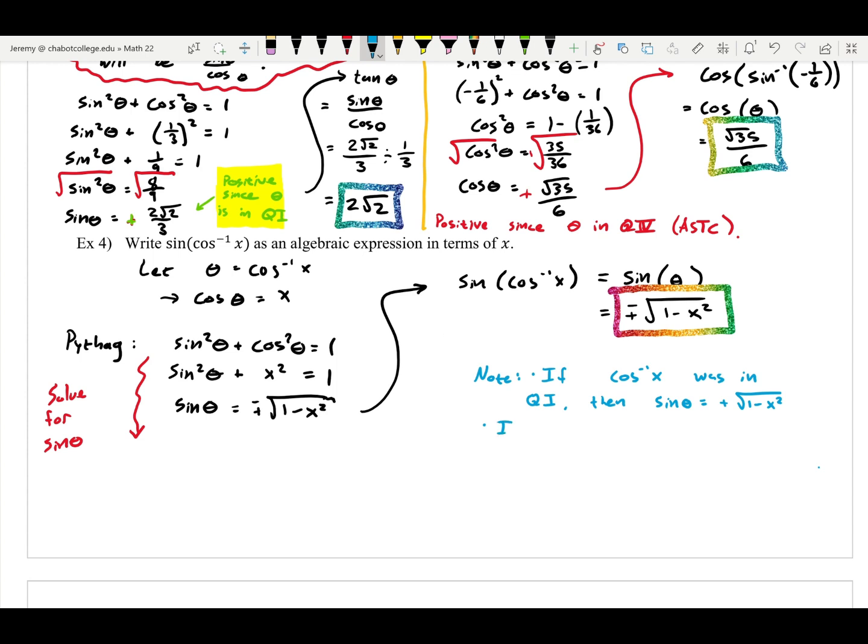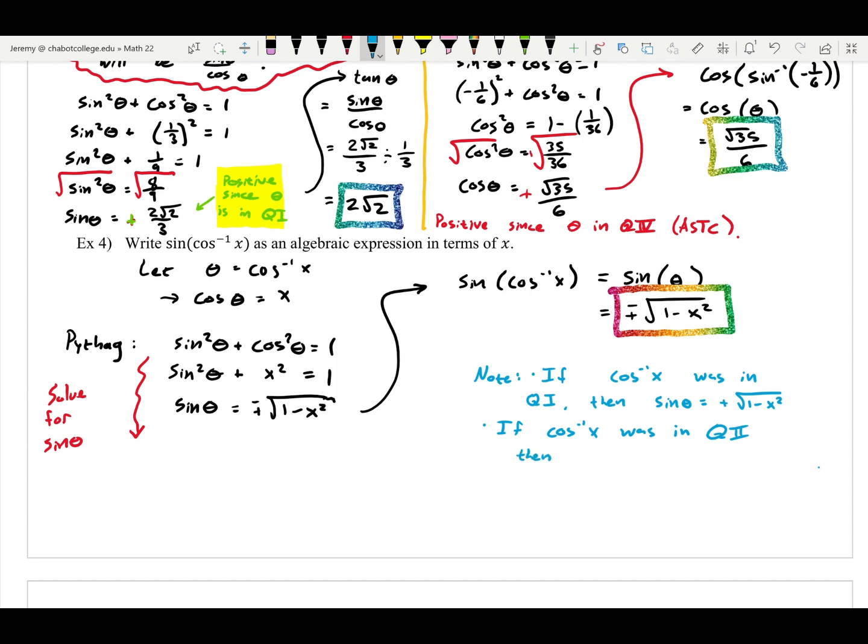Right? And then the other case is like if cosine inverse of x was in, so what's the other possibility? It could be in quadrant 1 or it could be in quadrant 2. Right? Because remember, cosine inverse, the output's going to be in the top half of the unit circle, so between 0 and pi. So that's the other possibility.